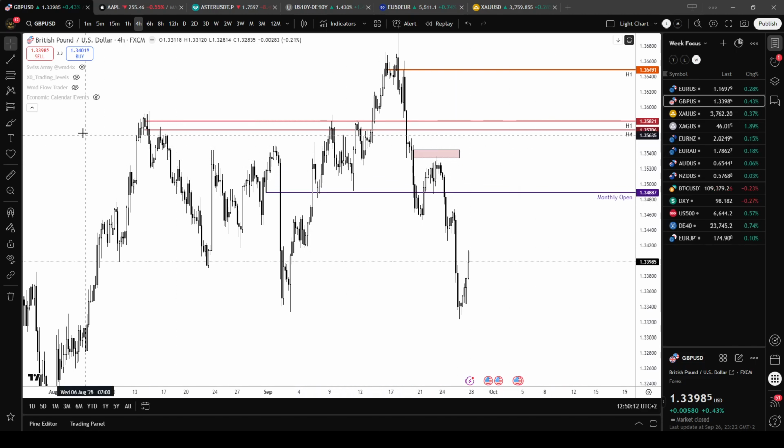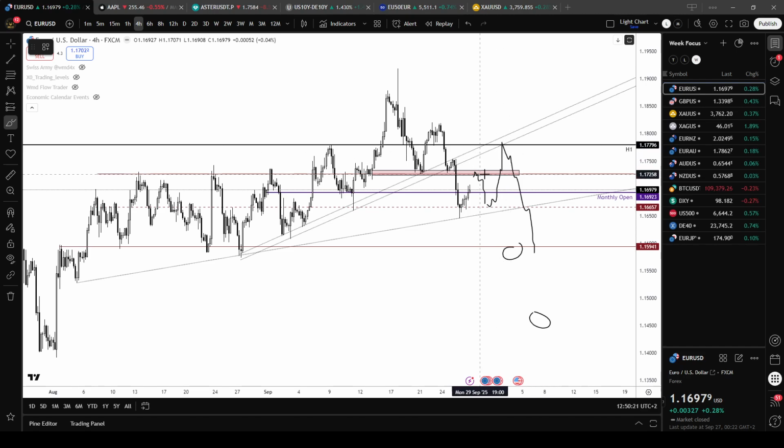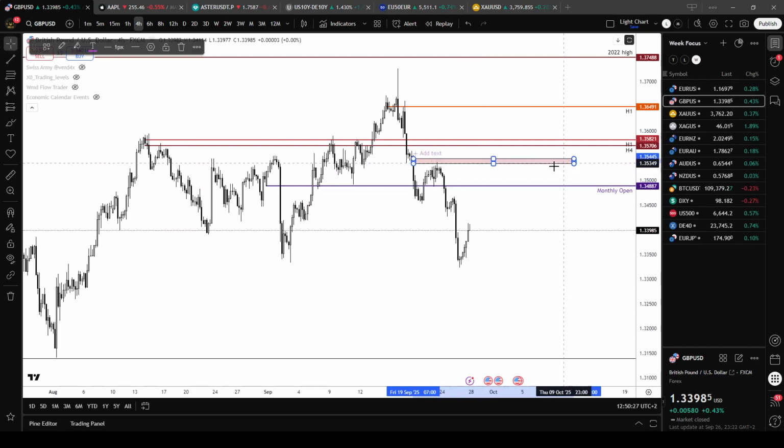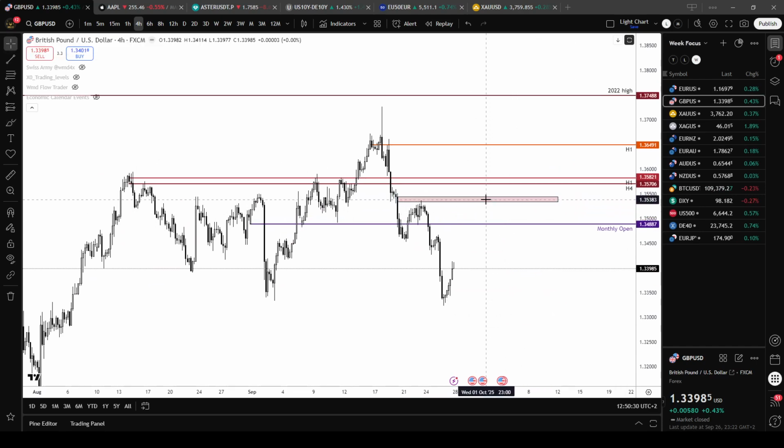And yeah, if I see Euro USD go into one of the mapped out zones, I'll take a look at what the pound is doing. But I don't think the pound is gonna get above this level. I do think that if we get an early attempt on Monday or Tuesday at the monthly open, it's a golden short opportunity.